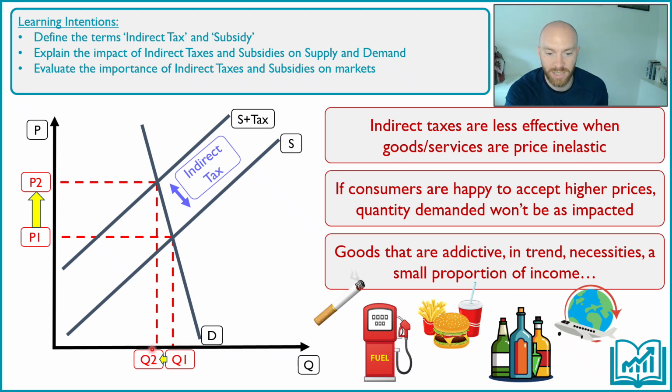So people will still eat fast food at the new higher prices. So if that's our goal, to reduce the consumption of fast food, it hasn't been as affected because it's addictive, a small proportion of your income, it's convenient in this case. So we can use those other factors listed here to explain why this tax will not work.